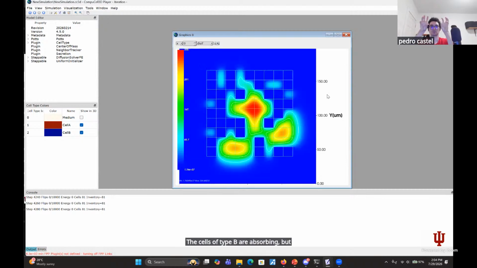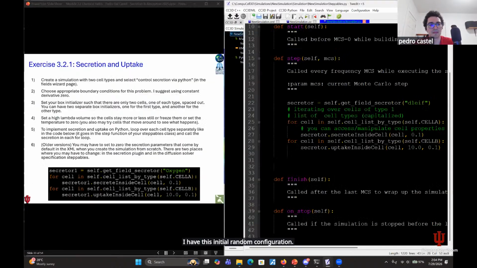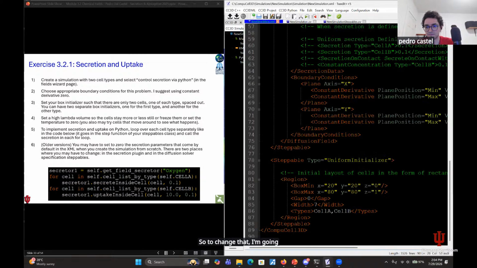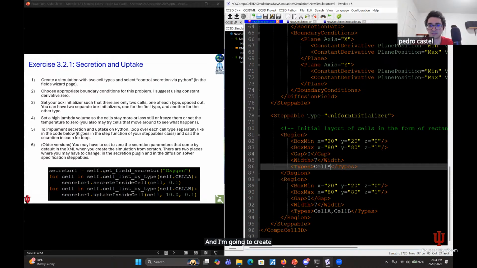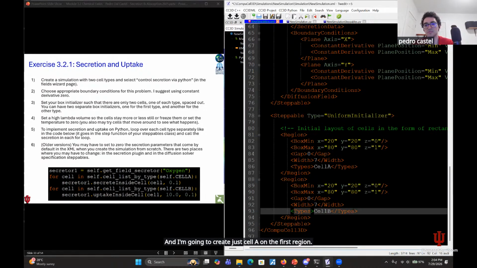But I don't have my two cells, one on the left and one on the right. I have this initial random configuration. So to change that, I'm going to the XML, and I'm going to separate this region into two. And I'm going to create just cell A on the first region and just cell B on the other region.